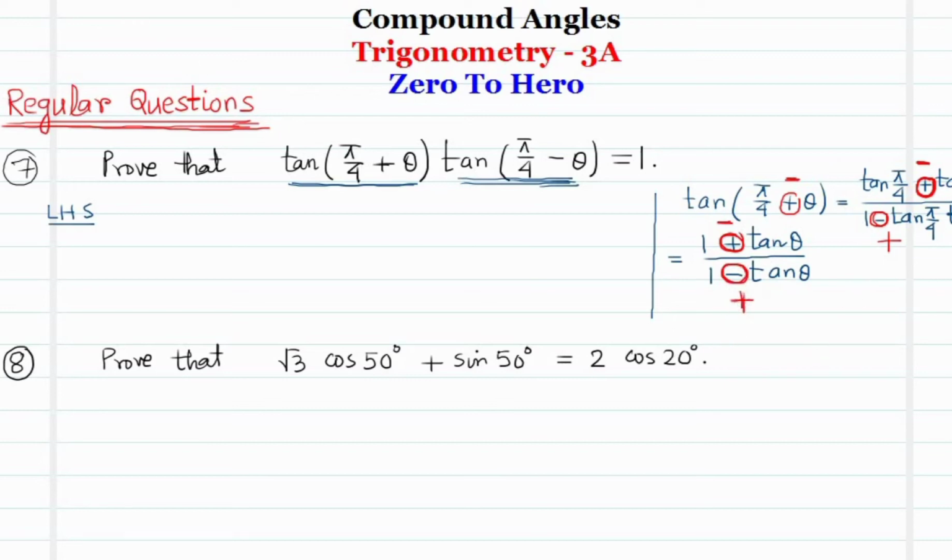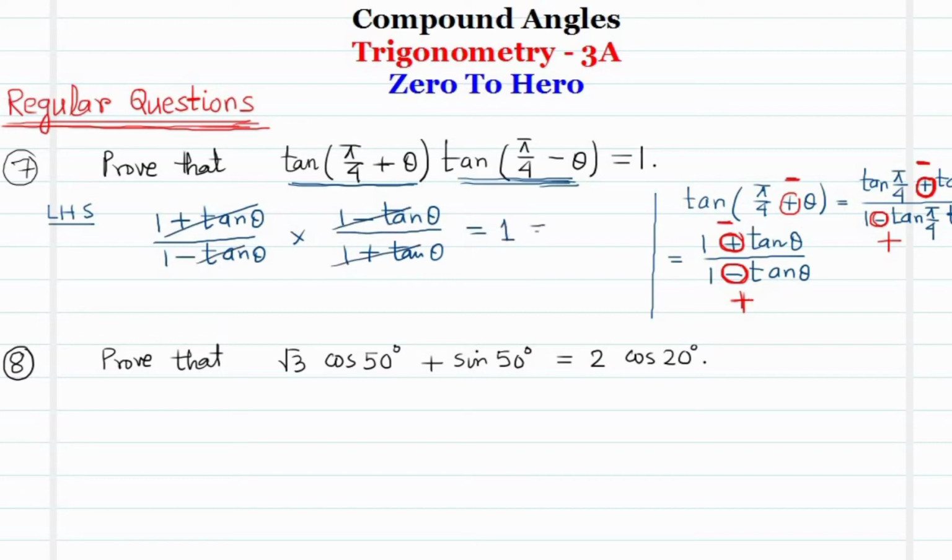So from this it follows that the left hand side is equal to the first term 1 plus tan theta by 1 minus tan theta, and the second term is 1 minus tan theta by 1 plus tan theta, and essentially they cancel each other. Therefore equal to 1, and that is the value of right hand side.